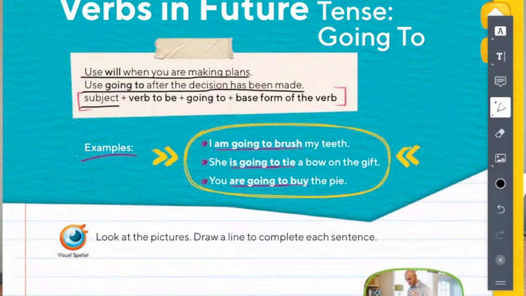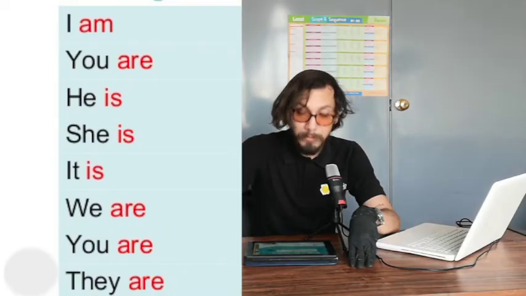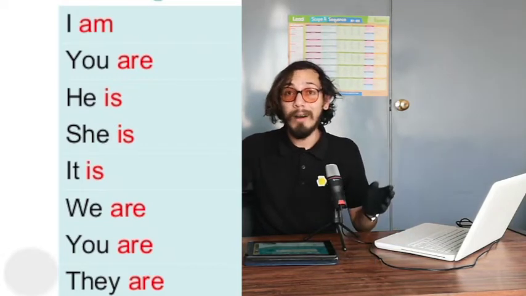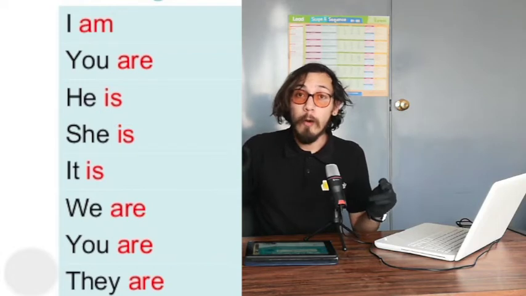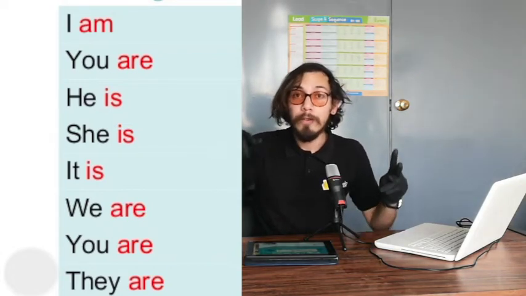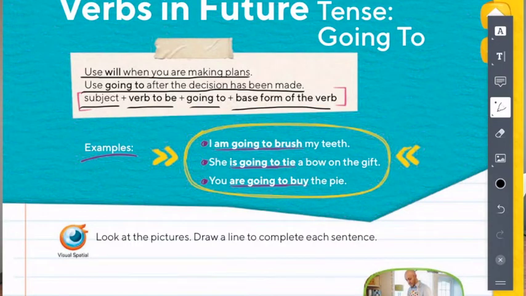Subject plus verb to be plus going to plus base form of the verb. Alright? Do you remember the verb to be? Super easy, it is right here. Are and is. Okay? So we are going to write down going to after the verb to be. Super easy.